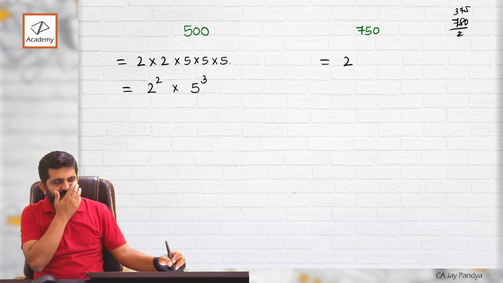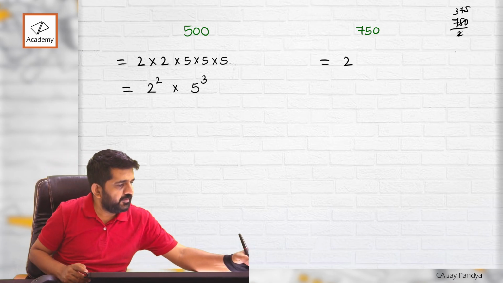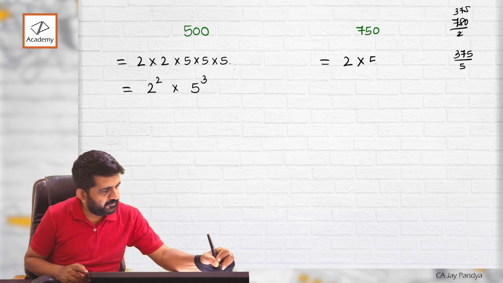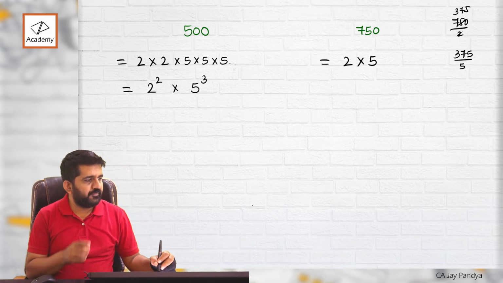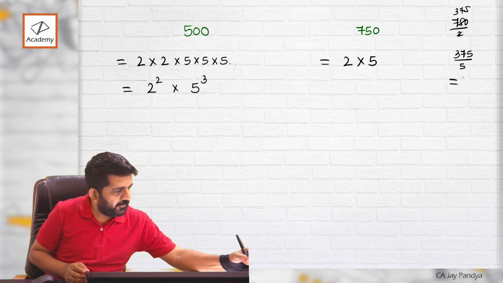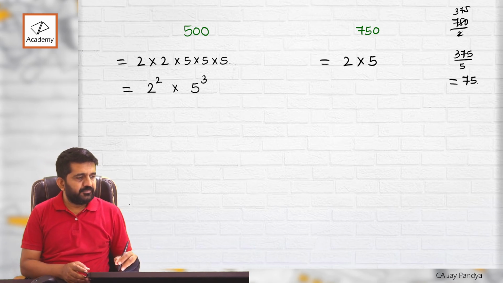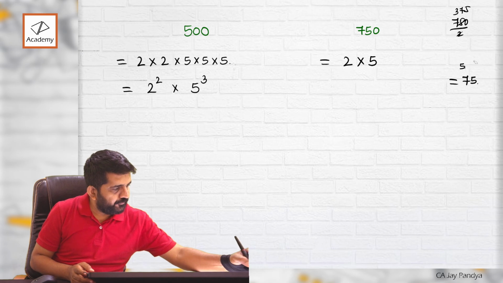What is remaining is 375. 375 divided by 5 will be 75. Right. See why I know this, I'll tell you.